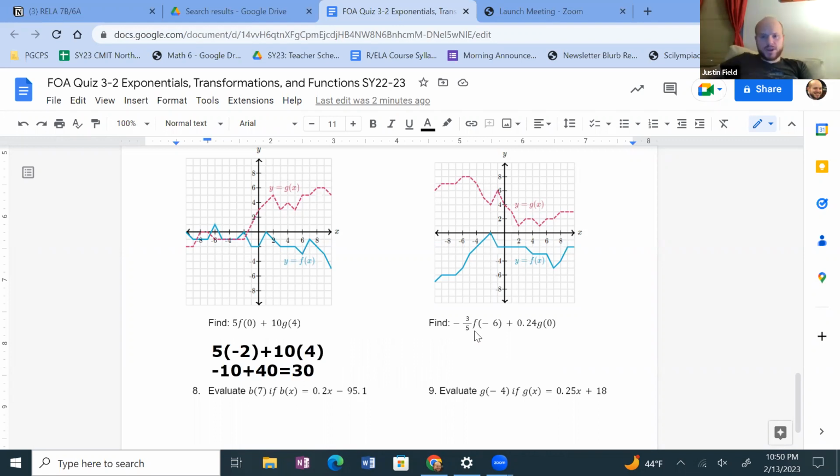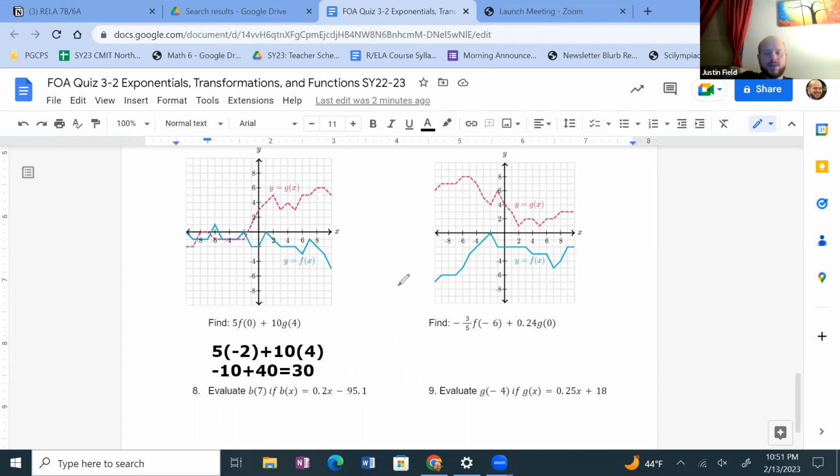And then this one here, oh no, we have fractions, but you know what? That's fine. f of -6 is 1, 2, 3, 4, 5. It's -5.